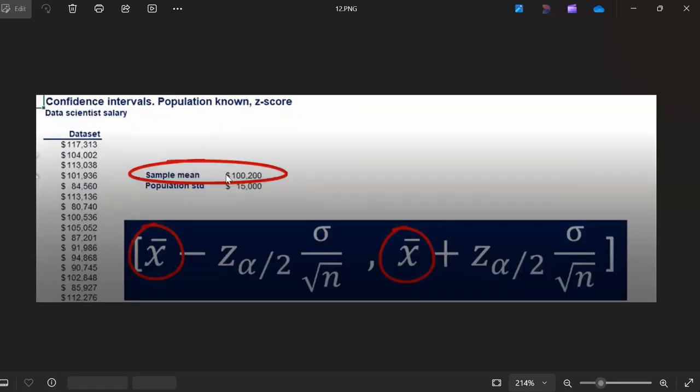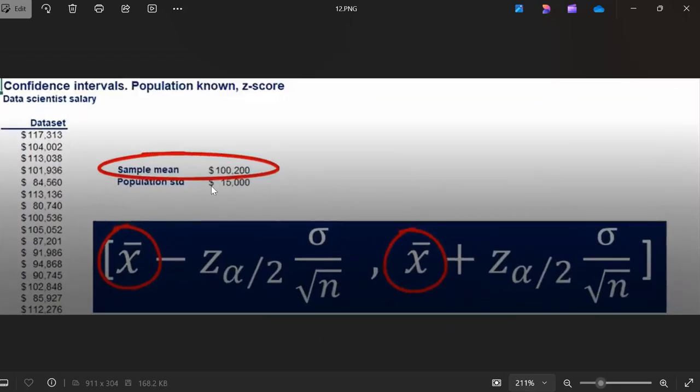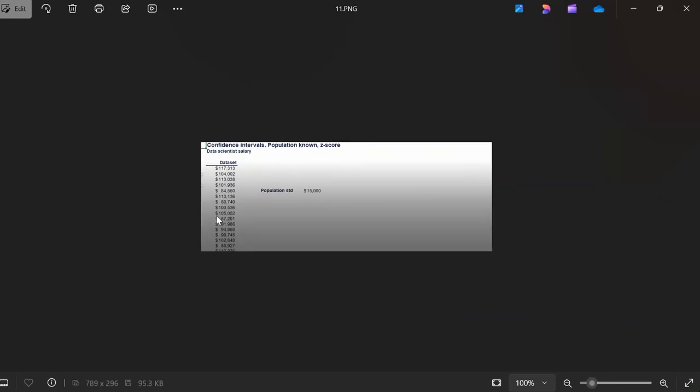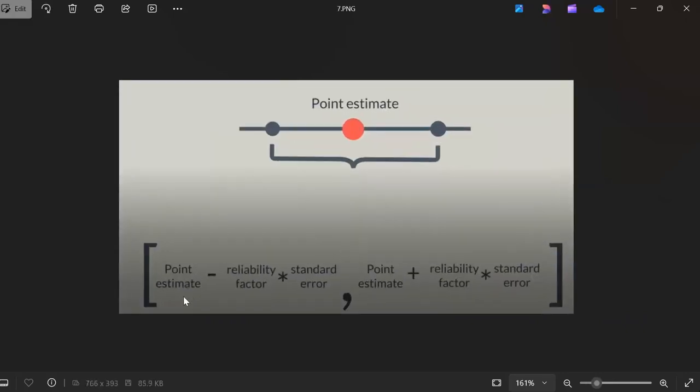Next one. If you see population mean, how to compute population mean? You combine all these values and divide by 1, 2, 3, 4, 5, 6, 7, 8, 9, 10. Assume I have 30 samples. Now, do you see the formula? Point estimate, which is the mean, plus or minus reliability factor times standard error.